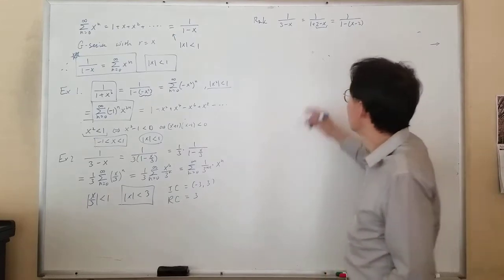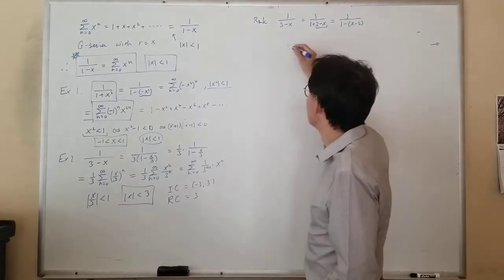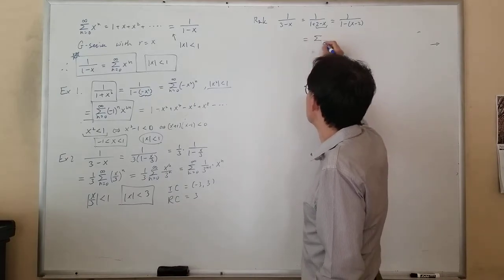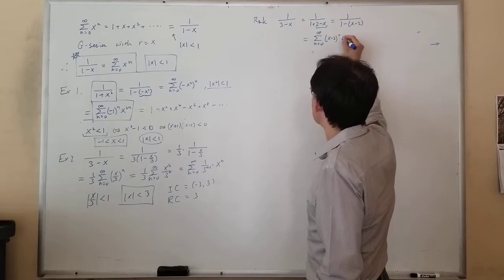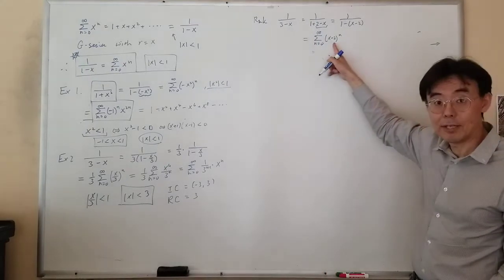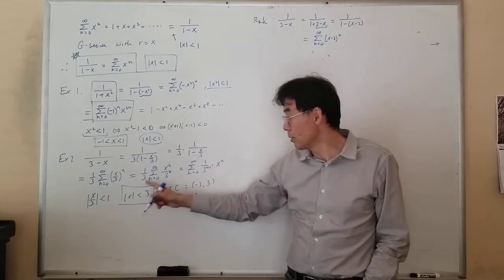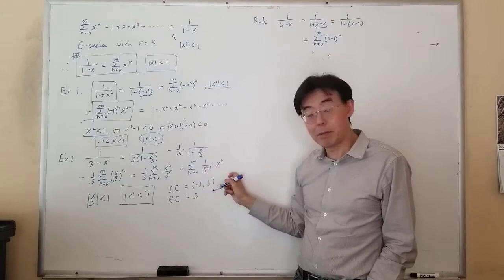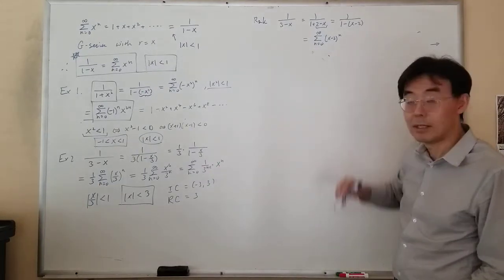Then again we have 1 over 1 minus something, so it must be the sum of something to the nth power. Now this is a power series centered at 2, and the earlier one is a power series centered at 0. So the expansion point is different. Here it is 0, here you have 2.